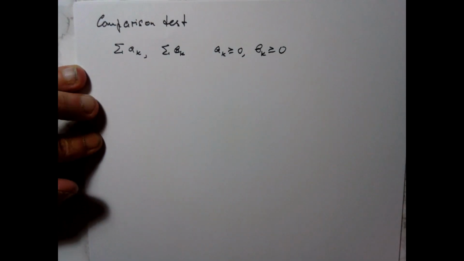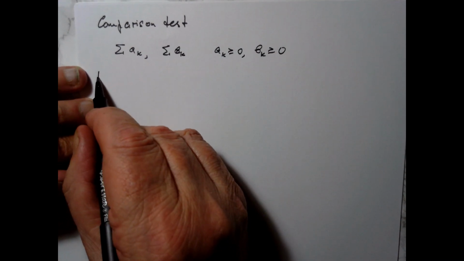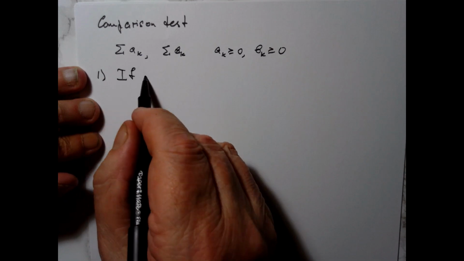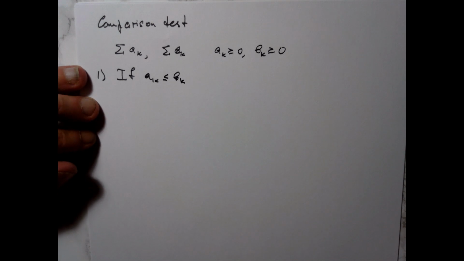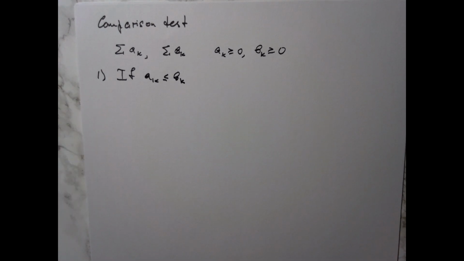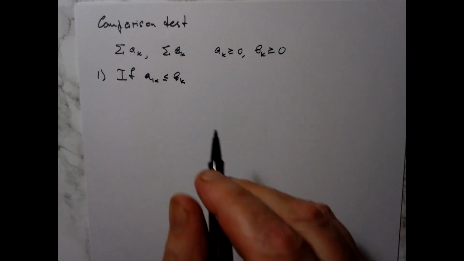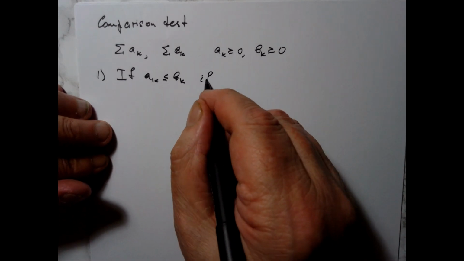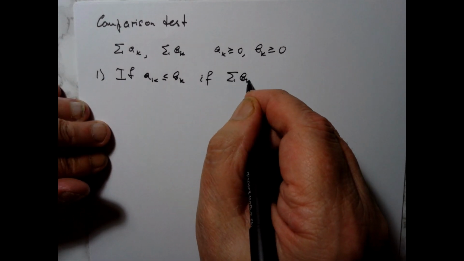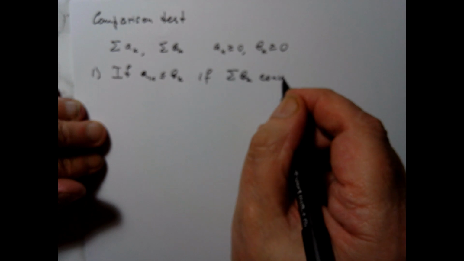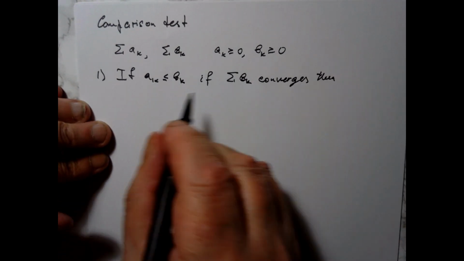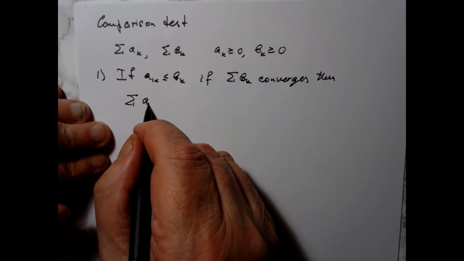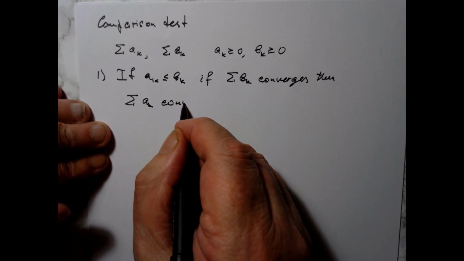Now there are two parts to the comparison test. One, if AK is less or equal than BK, so if the terms of the first series are less or equal than the terms of the second series, and if the series BK converges, then the series AK also converges.